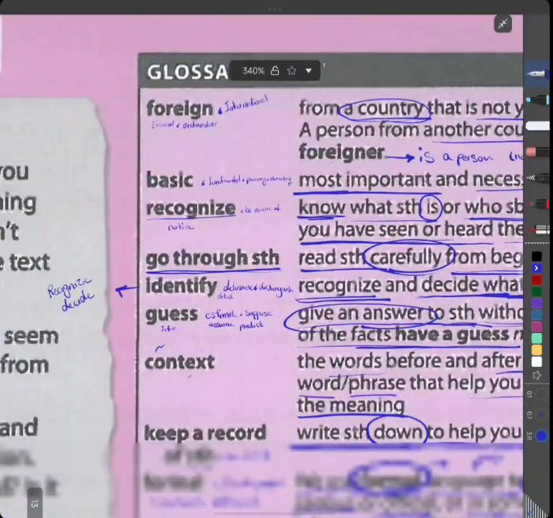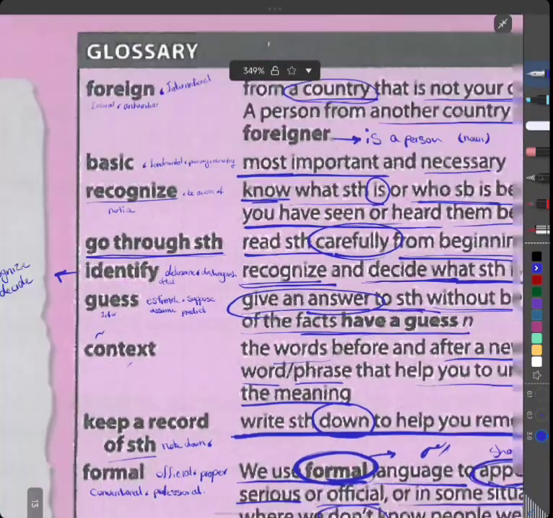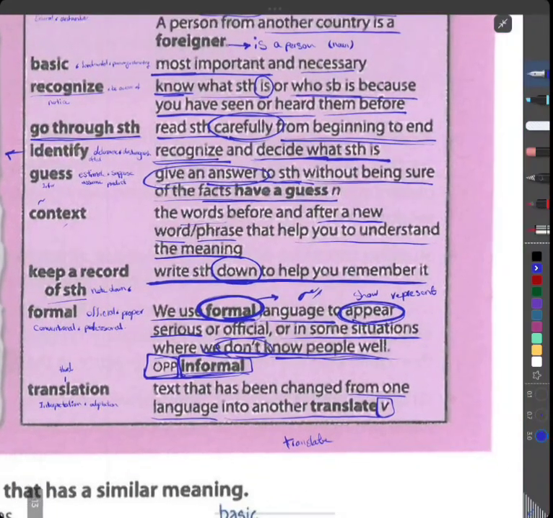Okay? Basic. Most important and necessary. Recognize, know what something is or who somebody is because you have seen or heard them before. Go through something. Read something carefully from beginning to end.